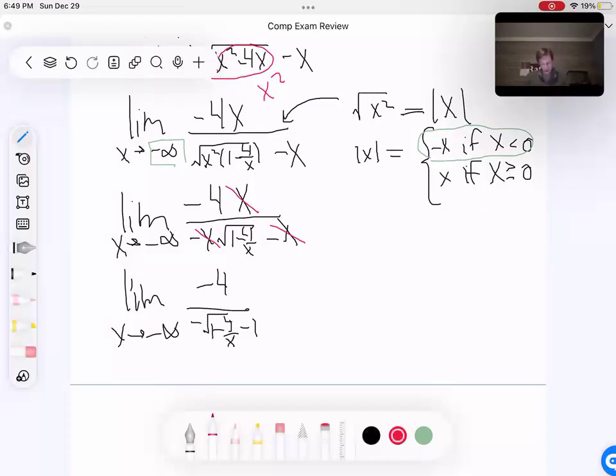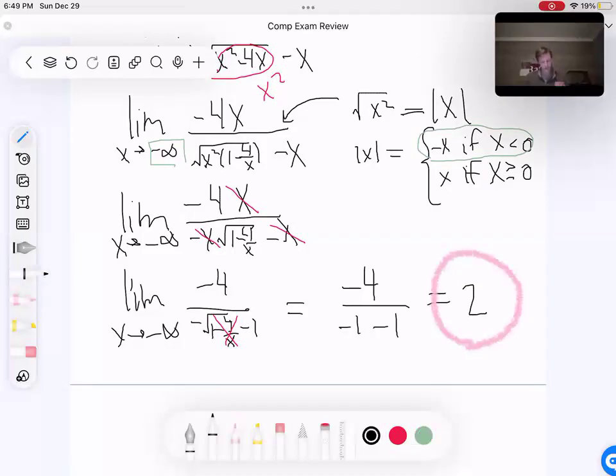Well, as x gets larger and larger in the negative direction, this is going to cancel out, because the x is on the bottom. When the denominator gets bigger, that whole thing is going to go to 0. And we know that the negative square root of 1 is simply -1. So this is going to equal, and we can finally drop the limit because we plugged in our numbers, -4 over -1 minus 1, which is just 2. And this is our final limit right here.